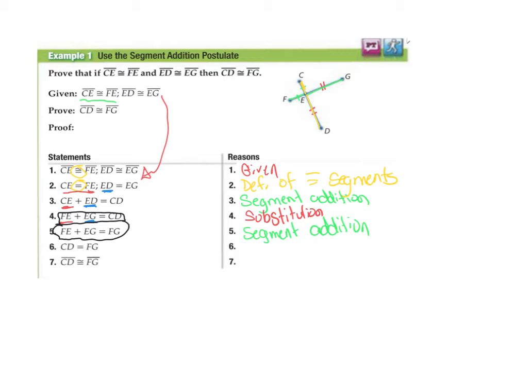So if statements 4 and 5 both equal FE plus EG, then CD and FG must also be equal, because I can basically take this entire left side of the equation and replace it with the letters CD. So whenever you replace something, that's called substitution. And that's almost our end goal.